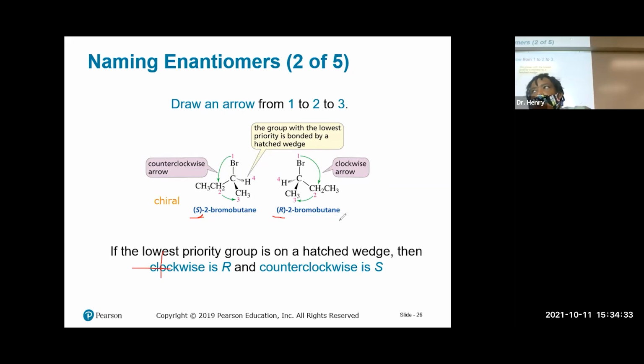Okay, so sometimes what you'll get is a mixture of both, right? For instance, one of the chemicals that we have in there is 2-bromobutane. It doesn't distinguish between the S or the R, right? So when they're made, there was no distinction between the two. It can go either way, right?